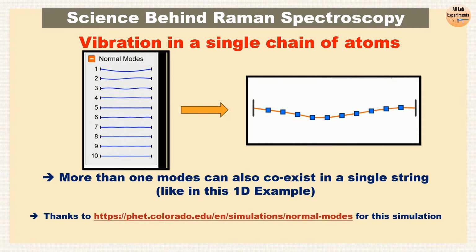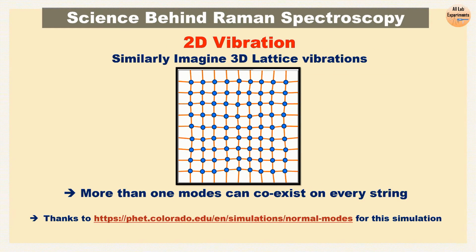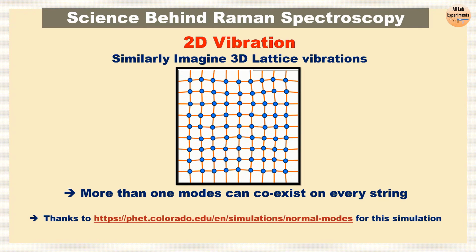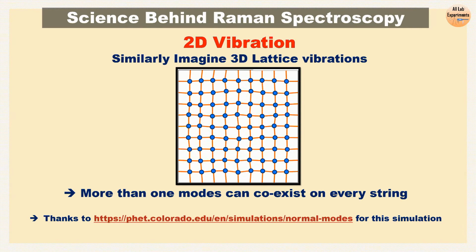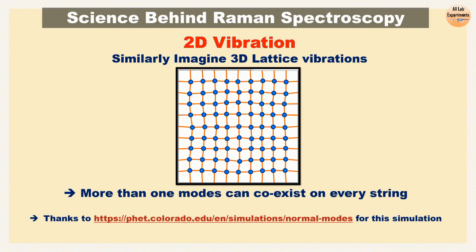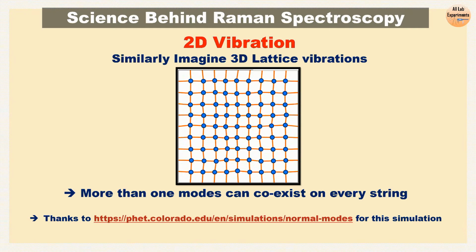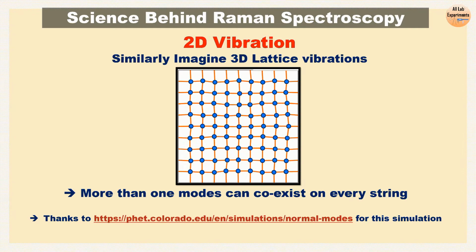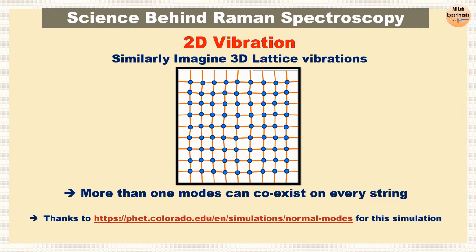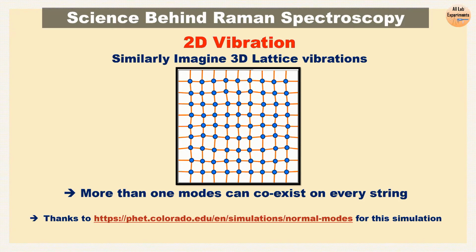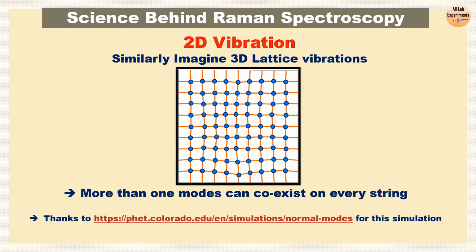This is the simplest one-dimensional example, but also in the case of a two-dimensional network of atoms with their bonds acting like springs, we can see such vibrations, and each direction carries its own normal modes. Similarly, we can also imagine a 3D lattice vibrating in its own way.